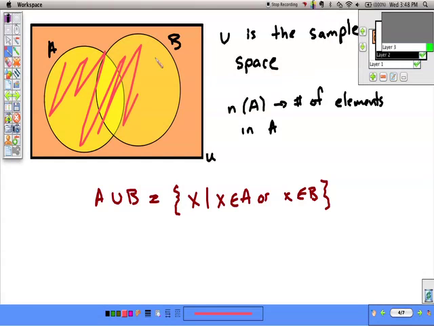It's all of everything that's in the circles. That's A or B.